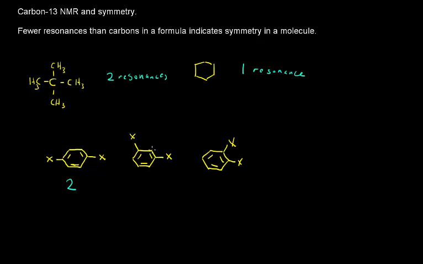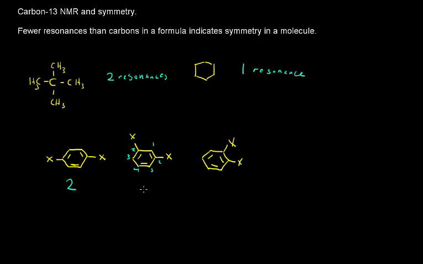Here we have 1, 2, 3, and 4, and numbering around this way, you have identical carbons. So again, the carbons that the X groups are bonded to are identical. So we have 1 carbon here. I should label these maybe. So we've got 1, 2, 3, and 4.